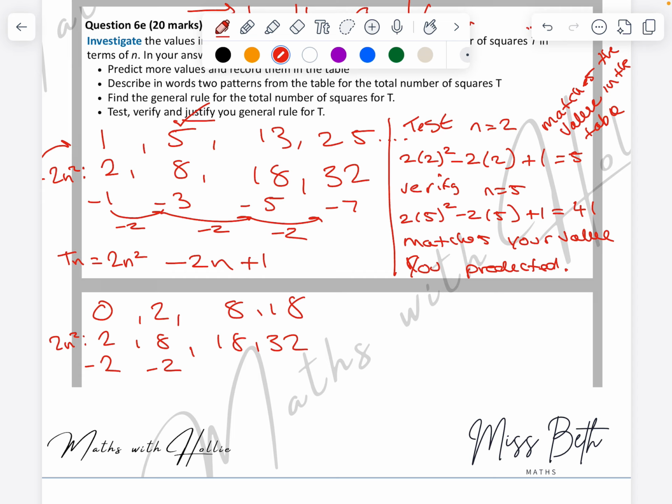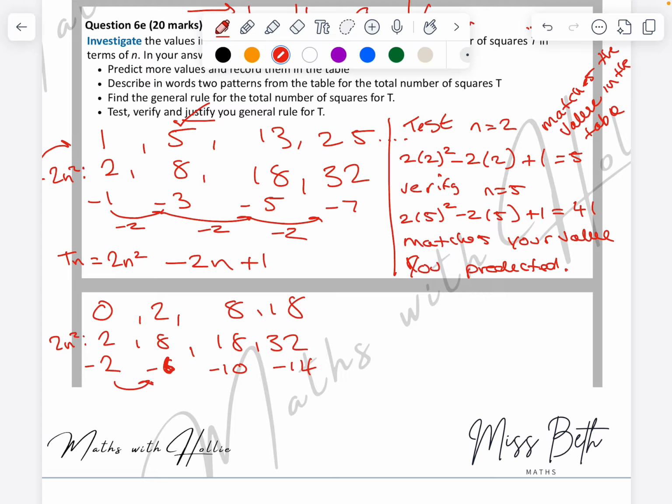Just minus 2. I'm the problem again. Sorry guys, it's been a long day. That's minus 6. That is minus 10. That is minus 14.